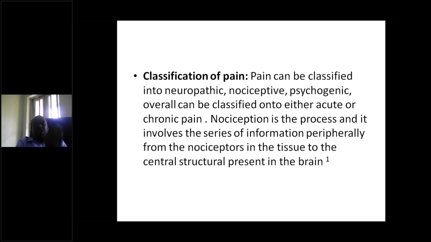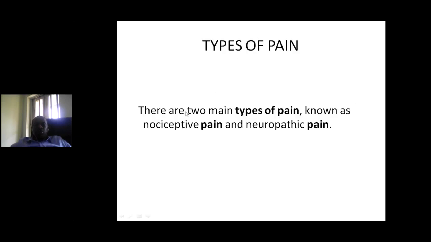And when they send to the brain that there's an injury, there is a threat to this body, then the brain will interpret and send to your leg. Then the person will remove the hand or the leg or whatsoever from the point of injury. Okay, so just take note of these.